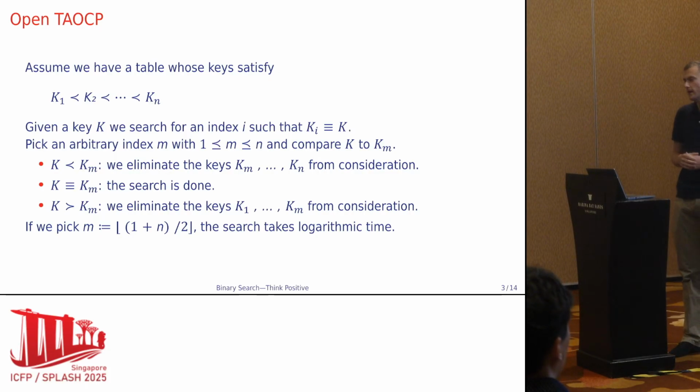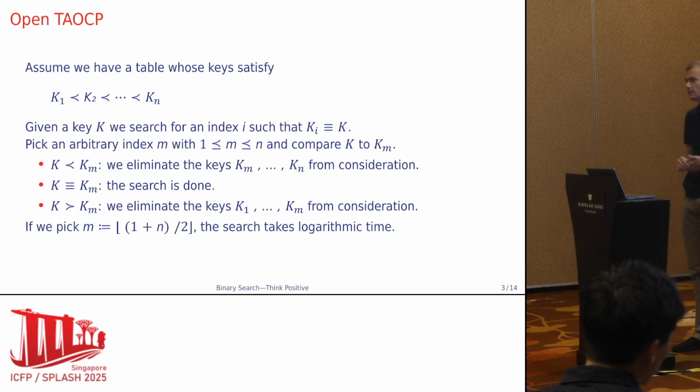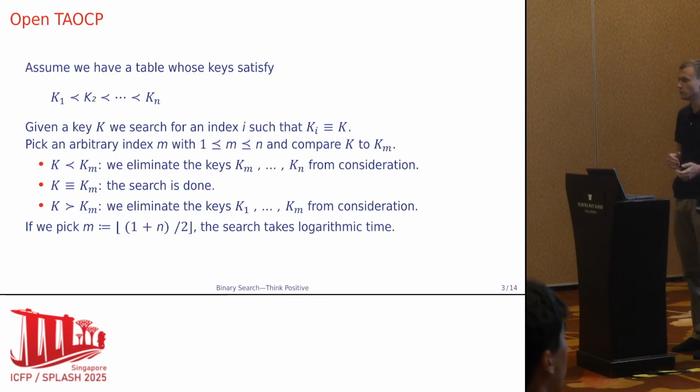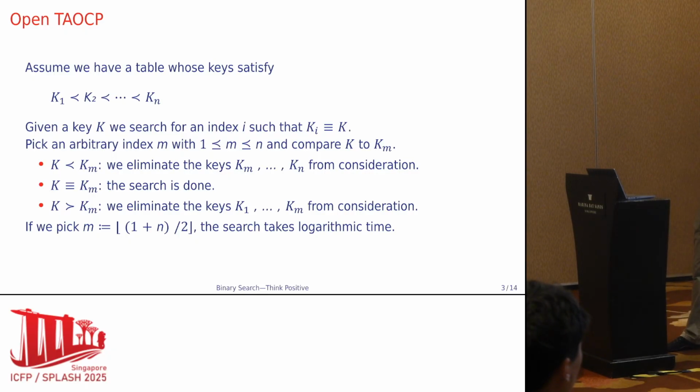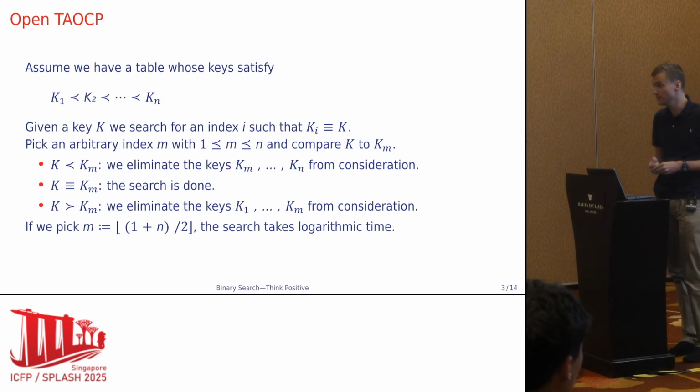Now, how is binary search performed? We pick an index m between 1 and n, and we compare k to km, and there are three possible outcomes. The first outcome is k could be less than km. In this case, we eliminate the keys km to kn from consideration. Or we could be lucky and k could be equal to km.